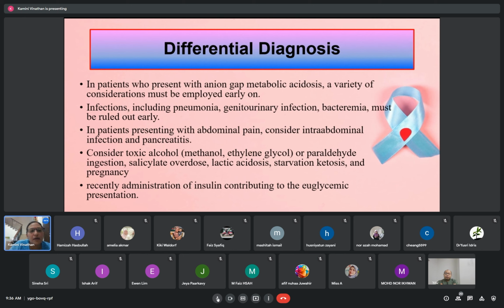And then also consider toxic alcohol like methanol and ethylene glycol, salicylate overdose, lactic acidosis, starvation ketosis, and also pregnancy itself. And also other causes like newly administered insulin, which can also cause the euglycemic presentation.